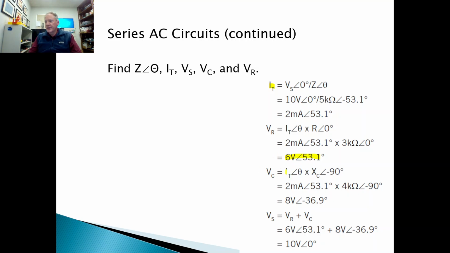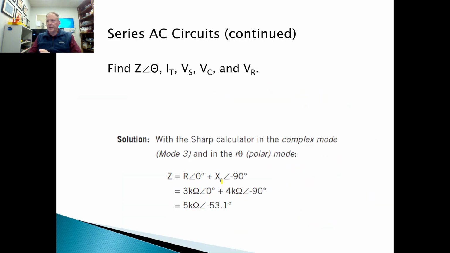Then VC is going to equal the total current at theta times the capacitive reactance at negative 90, and we get 8 volts at negative 36.9. And then we can calculate VS by just summing VR plus VC. So this is really a test of Kirchhoff's voltage law. So we just add 6 volts at 53.1 plus 8 volts at negative 36.9, and we get 10 volts at 0 degrees.